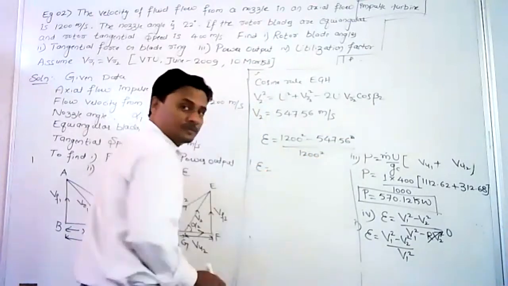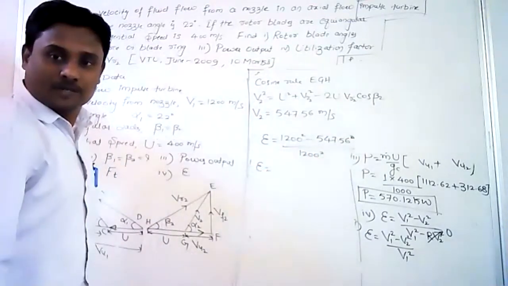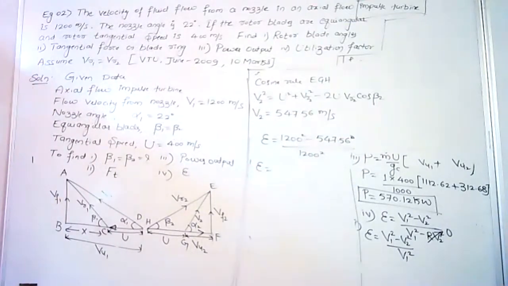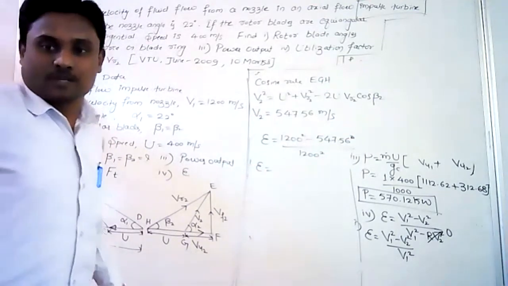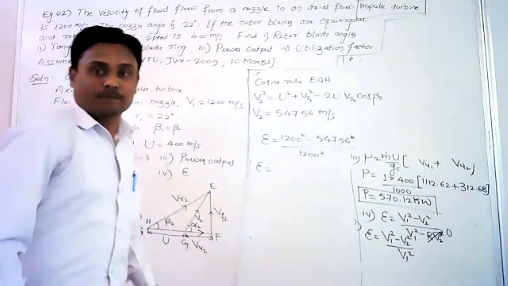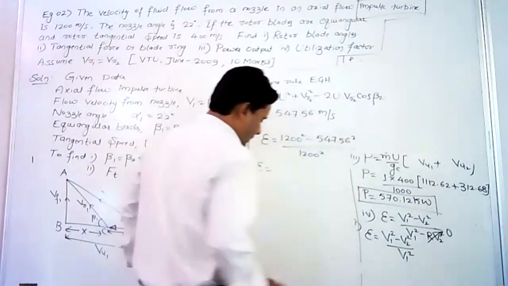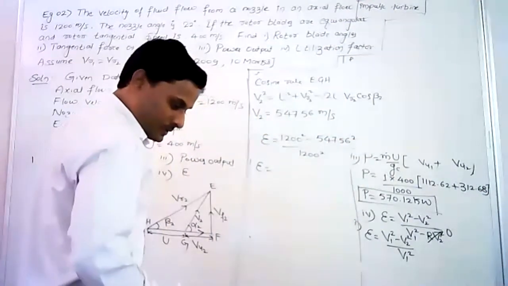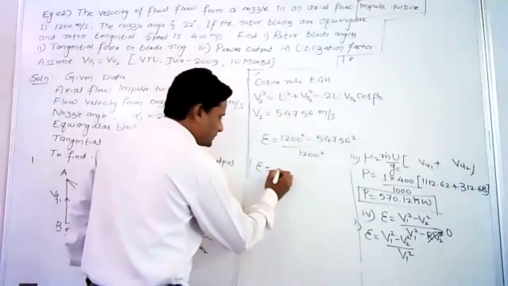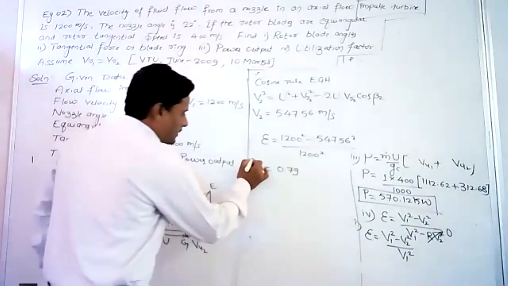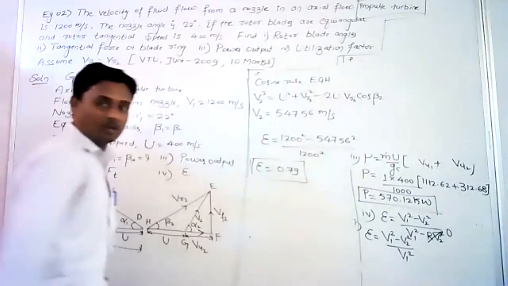Tell me, what is the expected answer? Make it fast. I think you can get 0.79. Just check your numerical values.